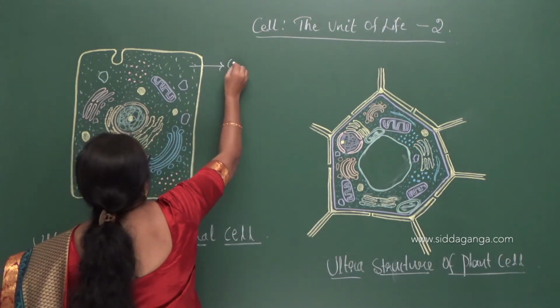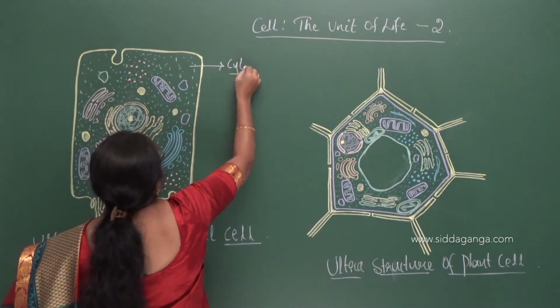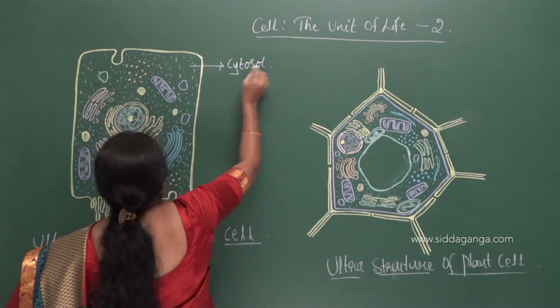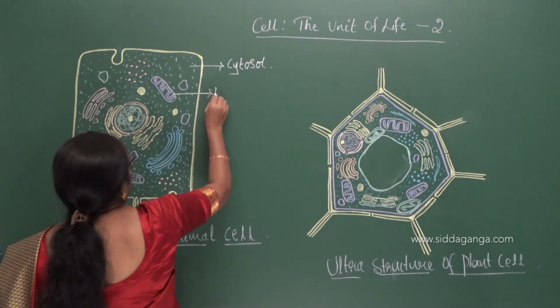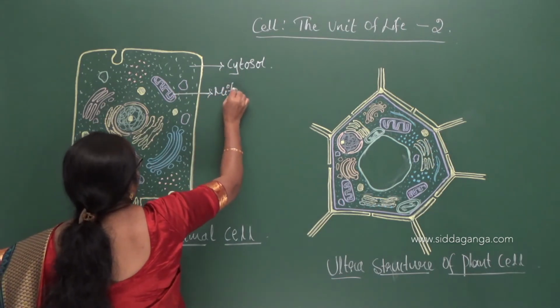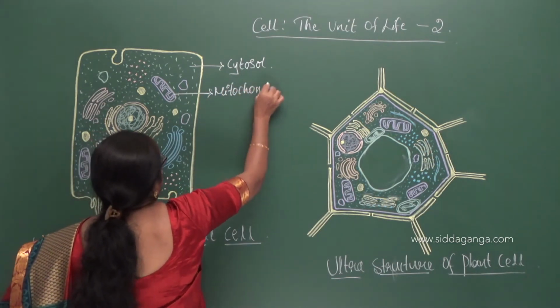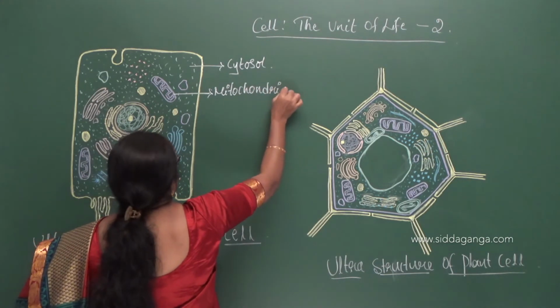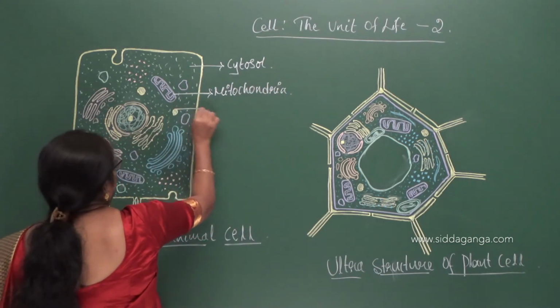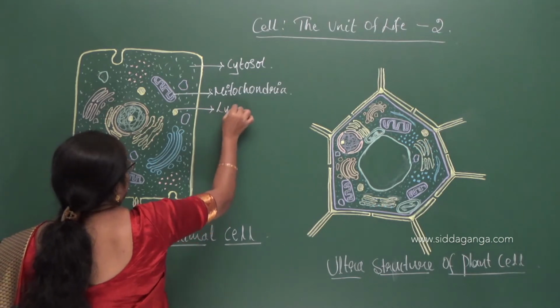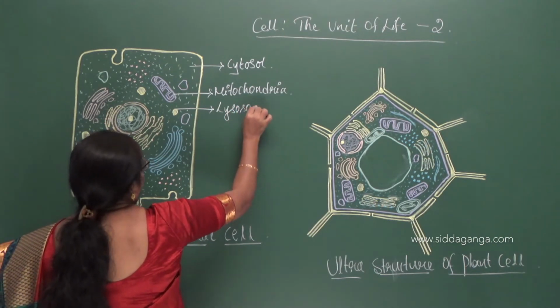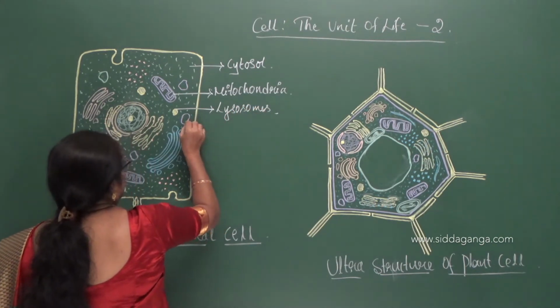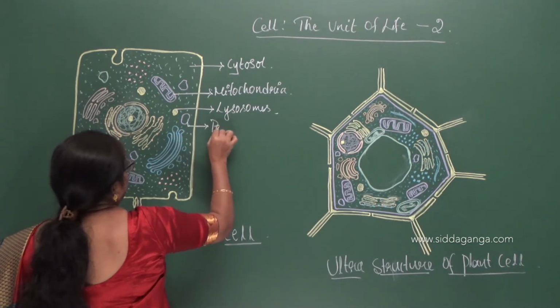So this is the cytosol. So these are mitochondria. Let us label the parts first. Then these are lysosomes. These are peroxisomes.